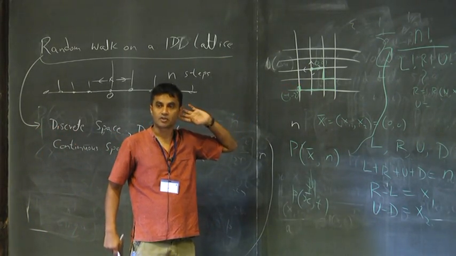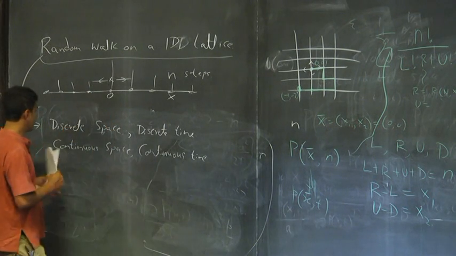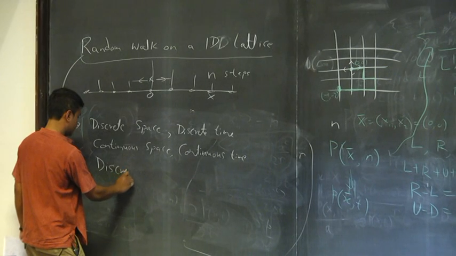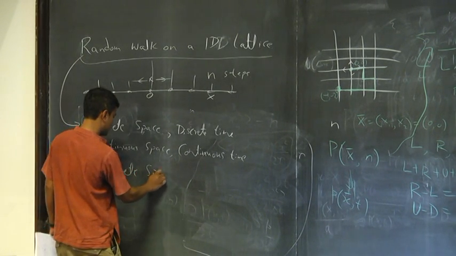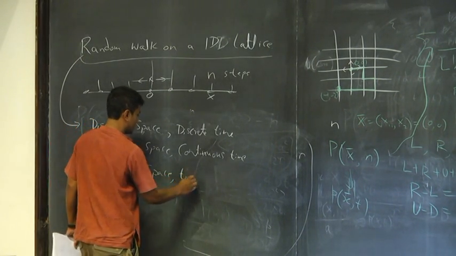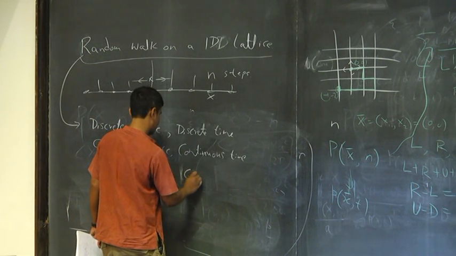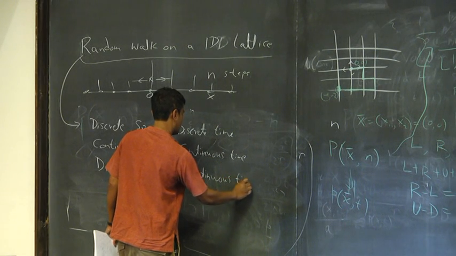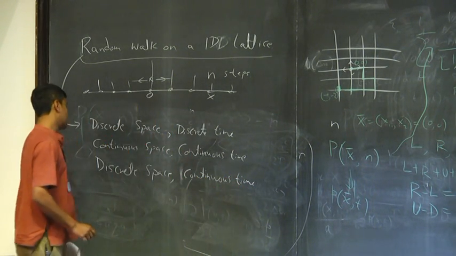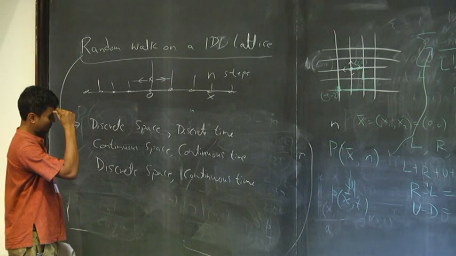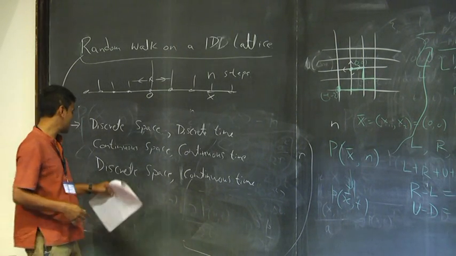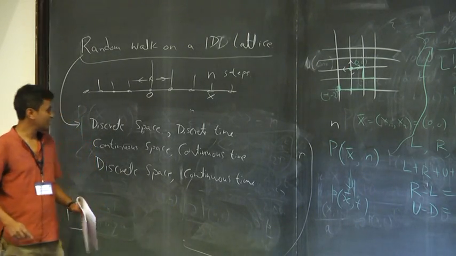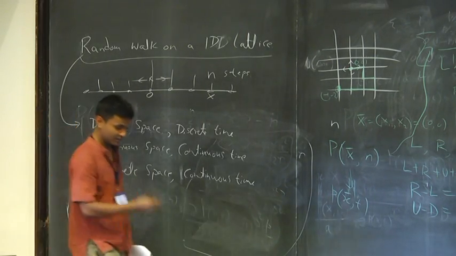Both time and space are continuous there, and both discrete here. Another useful system is the case where space is discrete but time is continuous. Of course you can also look at continuous space and discrete time, but I won't write it.